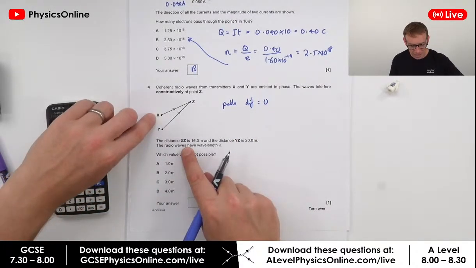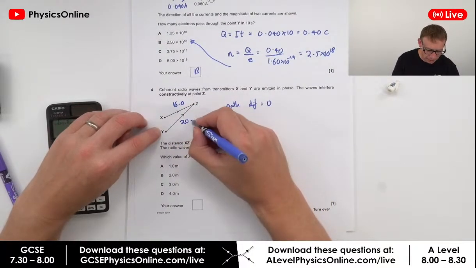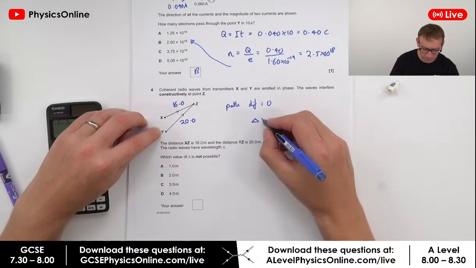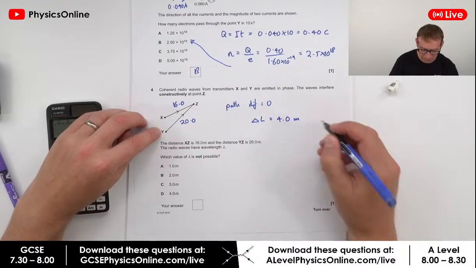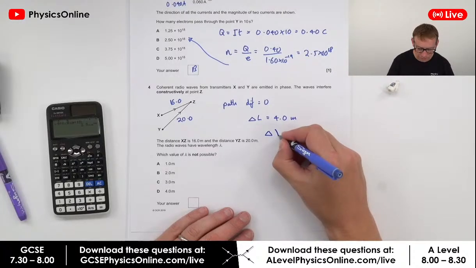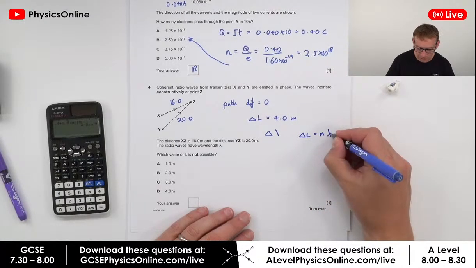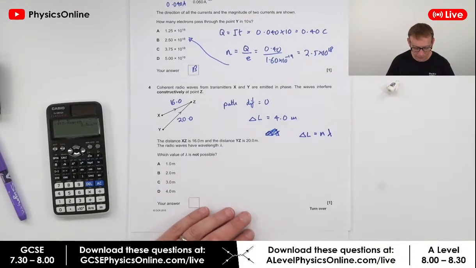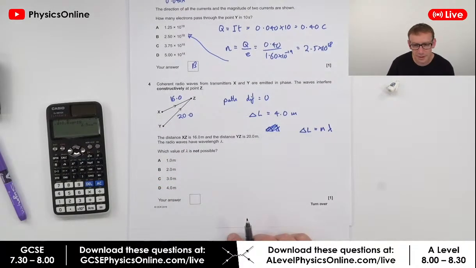So this distance xz is 16.0, that's 20, so the difference in path length is equal to 4.0 meters. Okay, and of course this difference here, so the difference in that path length must be equal to a whole multiple of the wavelength. So which value of lambda is not possible? A, B, C or D?